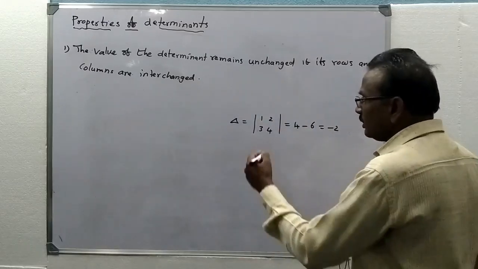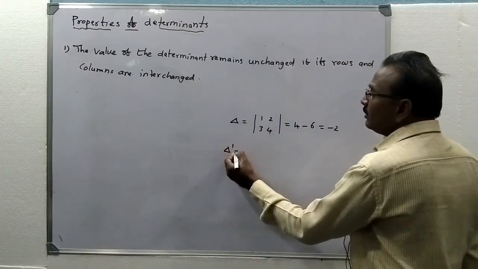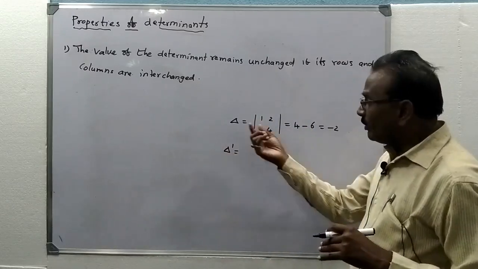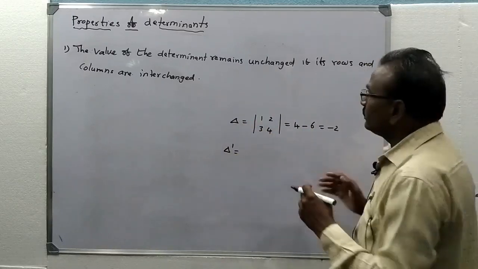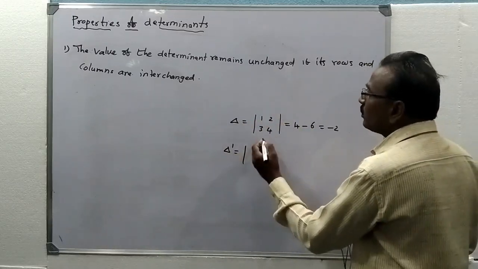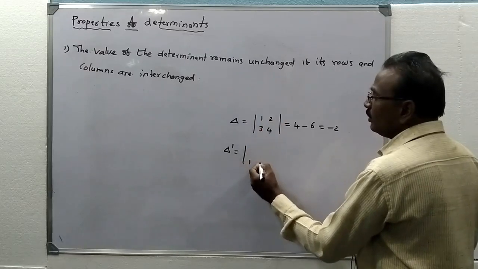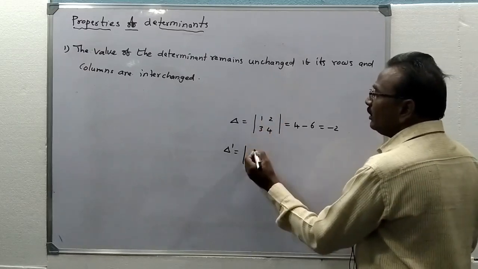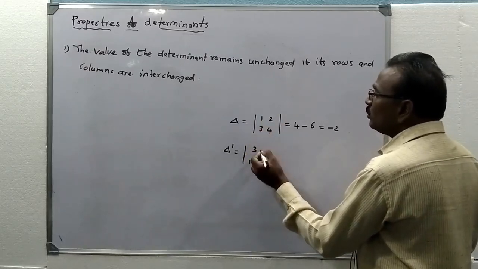Suppose delta dash is the determinant obtained from delta by interchanging rows and columns. The first row is written as the first column, and the second row as the second column. That means we interchange rows and columns.